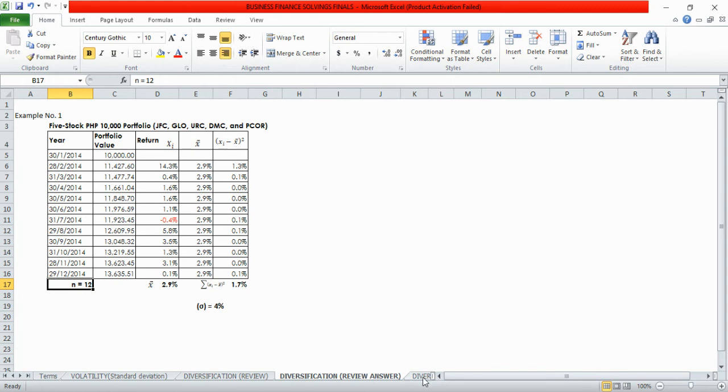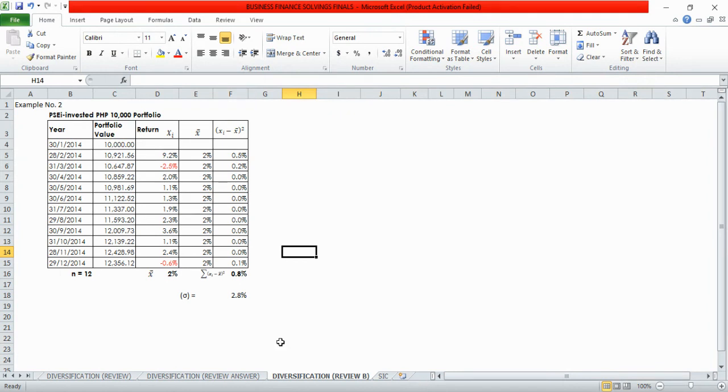For the next one, we have here the PSEI or PSE index investment with the amount of 10,000 pesos in the portfolio. So all you have to do here is to again do the same thing.